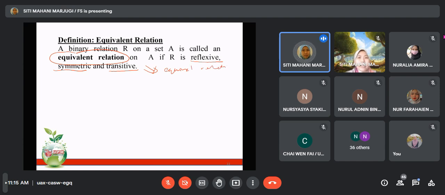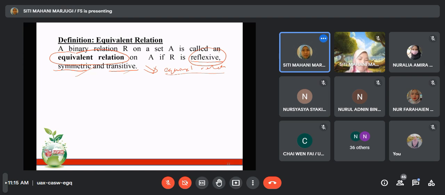Okay, andai if one of the properties is not certified, let's say reflexive is not certified, so the binary relation is not an equivalence relation. Even if only one is not certified, either symmetric or transitive, we say it is not an equivalence relation. Dia mesti semua certified, barulah we can say this is an equivalence relation.